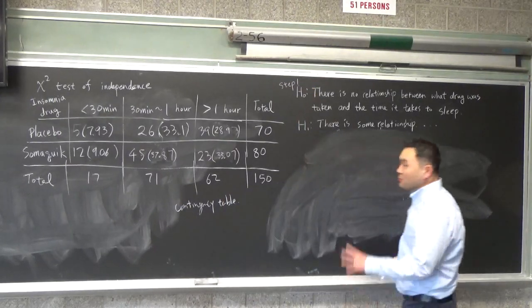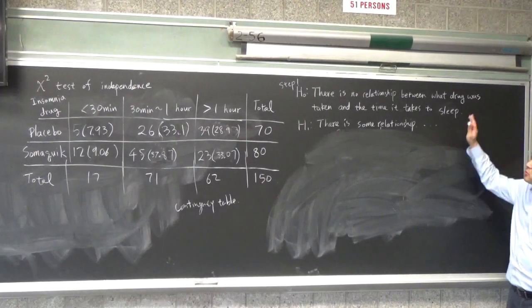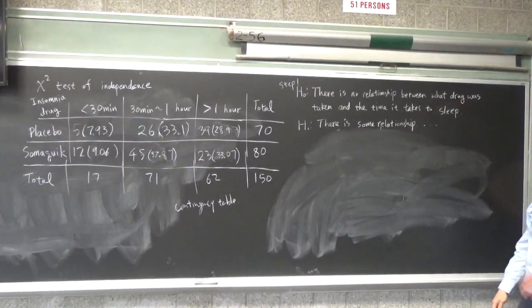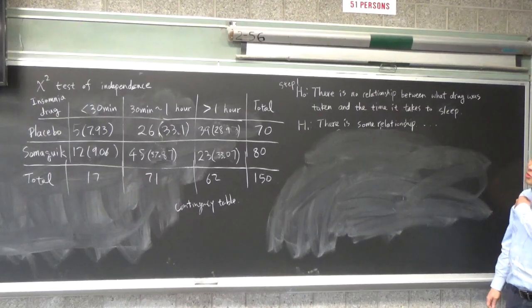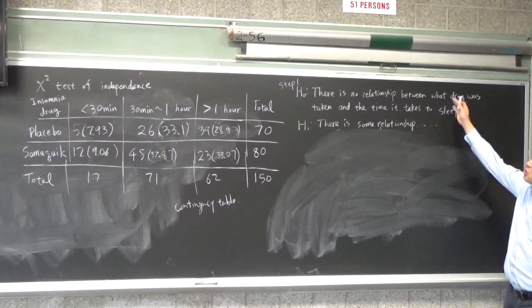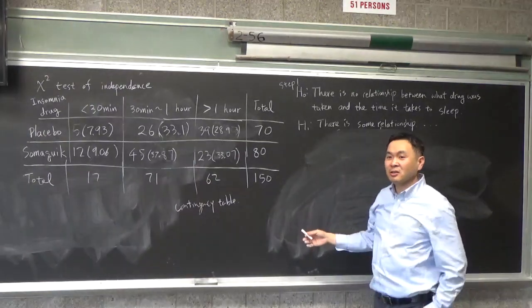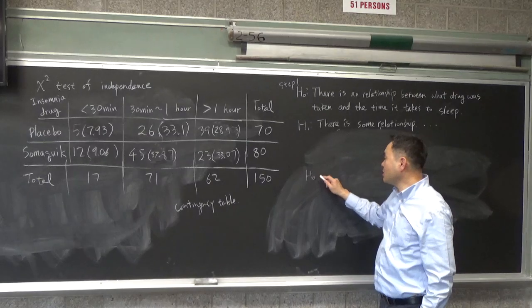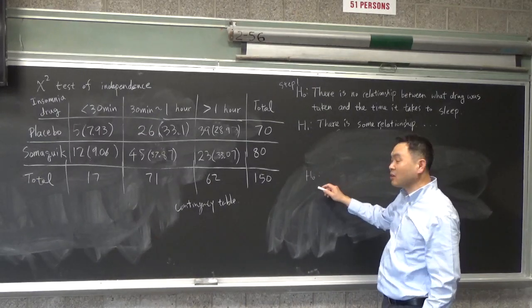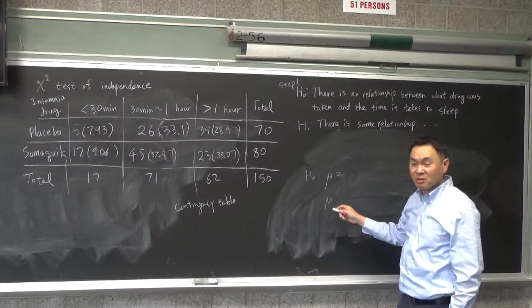Step one of the four-step procedure for hypothesis testing is that you have to set up your hypothesis, you have to write them down. One thing I want to say here is that when it comes to chi-square test of goodness of fit or test of independence, there is no equal sign. You remember how in hypothesis testing of mean, the hypothesis usually has the form of mu equals something, and mu bigger or not equal to something.